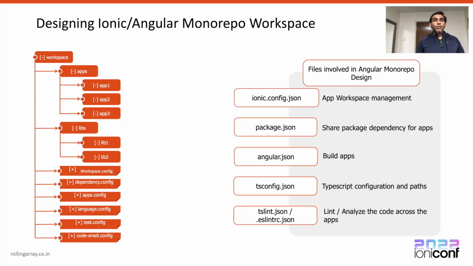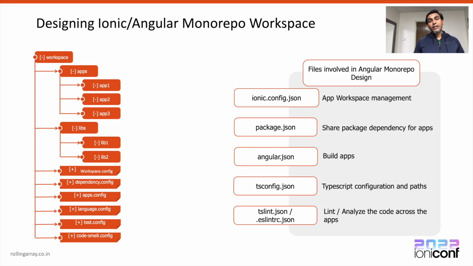Okay, in context to your Angular or Ionic specific monorepositories, there are five typical files which we work with to do this entire orchestration up and running. The first one is ionic.config.json, which has got access towards all your applications. Your package.json has got the dependency management.